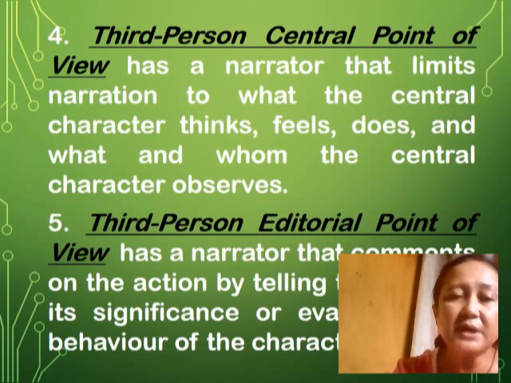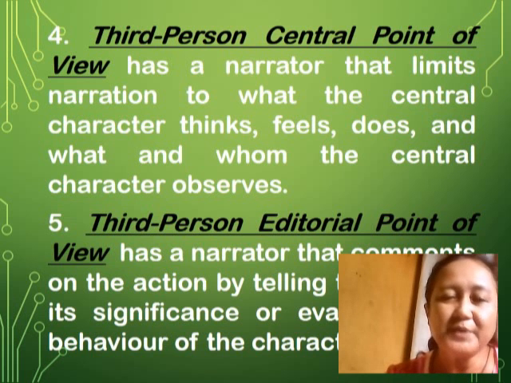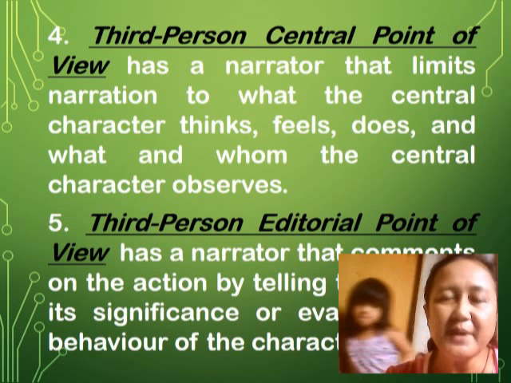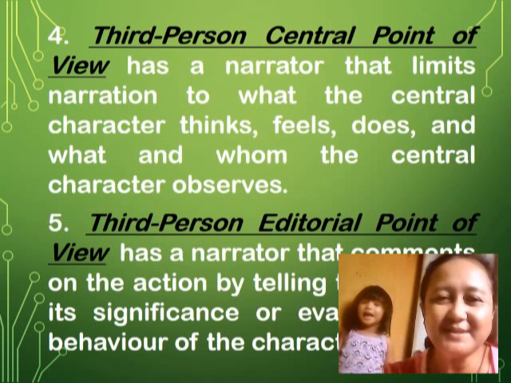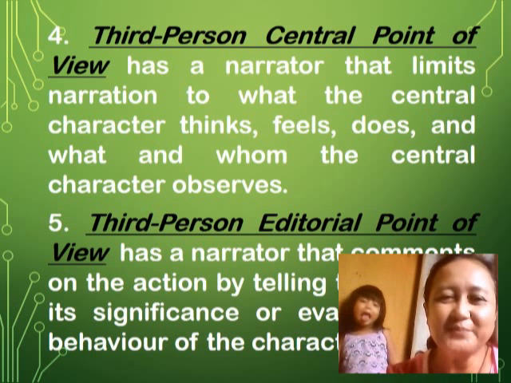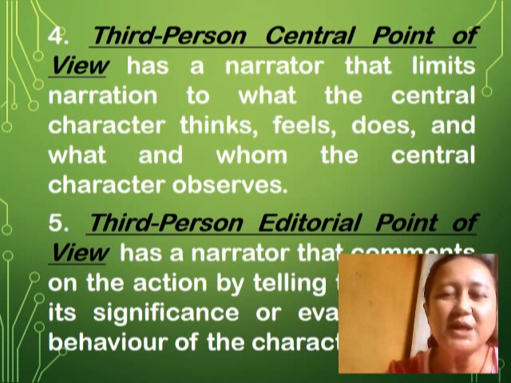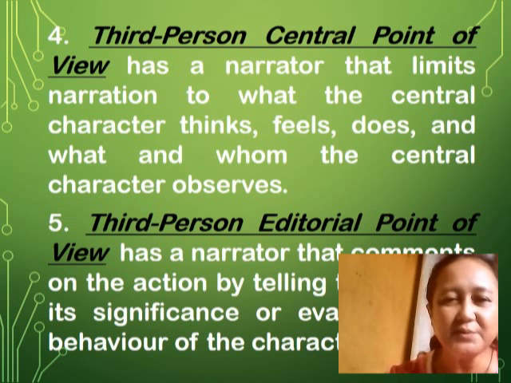And then the third person editorial point of view. So the narrator is telling the significance of the behavior of that character. Okay, so it's like the editor giving an opinion of why he thinks that person is doing that thing. So what is his motivation or the reason why he is doing that?